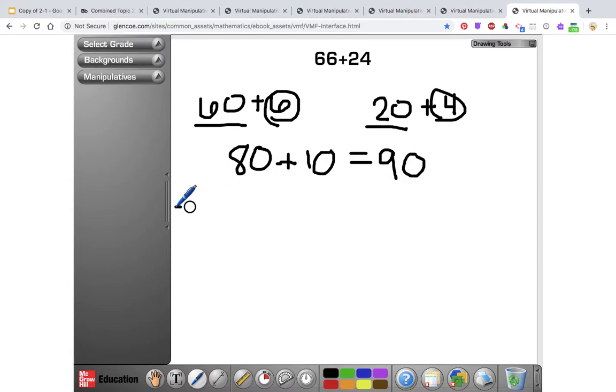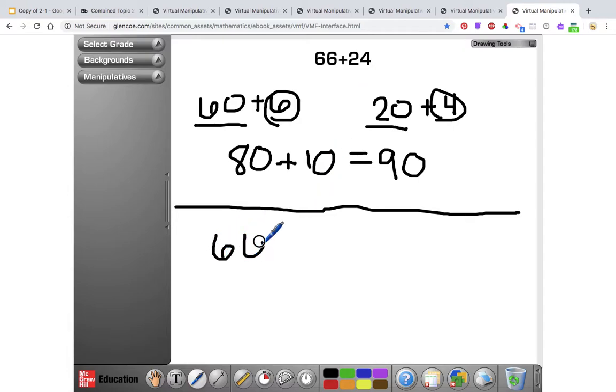One last strategy that you might have used that we've gone over today would be breaking apart one number. Remember, I would break apart the smallest number. That's going to be more efficient. So I'm going to keep 66 the same. Then I'm going to break apart 24 into 20 plus 4.